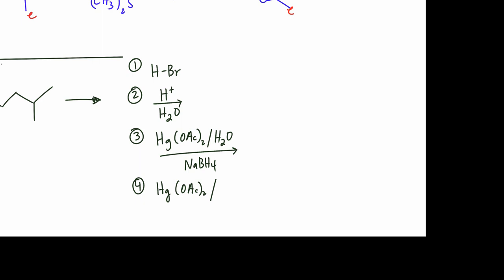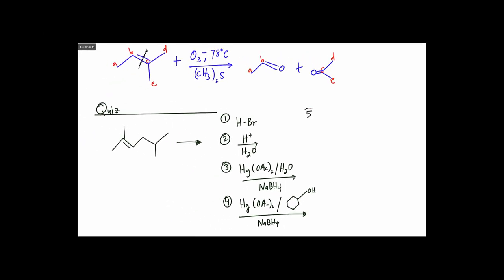And I'm going to give you the alcohol here. 5, hydroboration oxidation, BH3, THF, hydrogen peroxide. 6, we're going to do the halogenation, Br2, with stereochemistry.